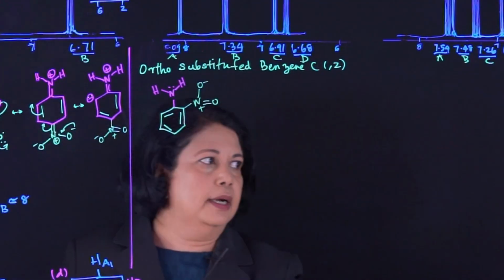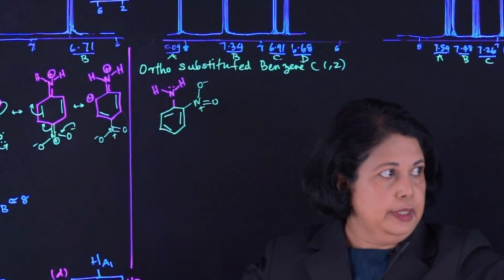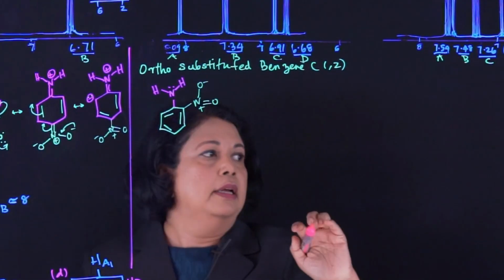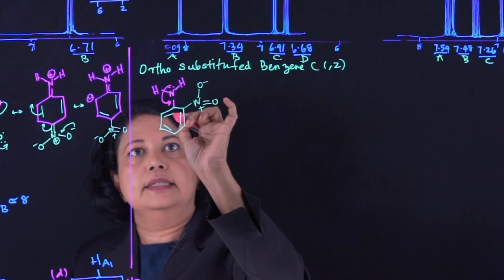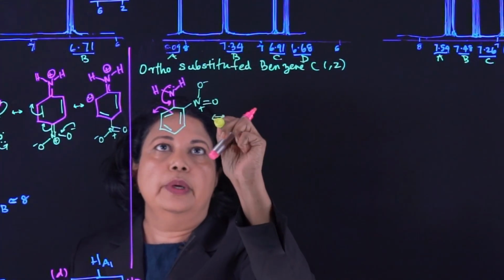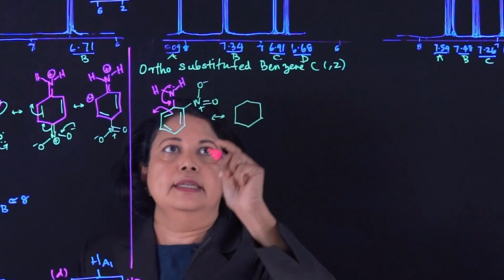and an NH2 group here. And we talked about what would happen with resonance. The NH2 group is going to put the electron density ortho and para to this molecule. If you do that, this has too many, so it's going to push that out. And ortho and para positions are going to be shielded again.